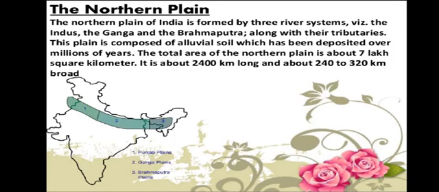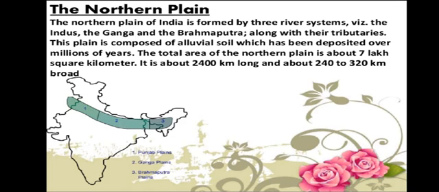Now, next one is your northern plains. If I talk about northern plains, you can see on the figure it is divided into three parts: Punjab Plains, Ganga Plains and Brahmaputra Plains. The northern plain of India is formed by three river systems actually.